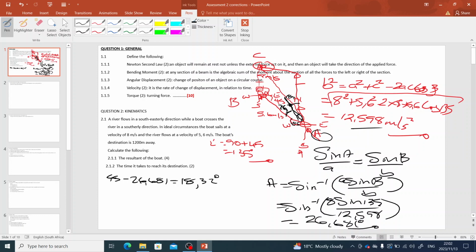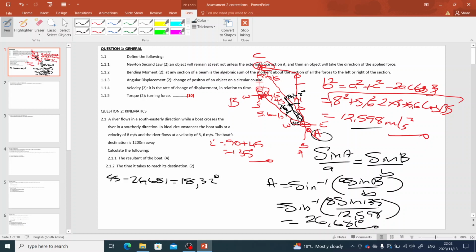Now, the 18.32 degrees is from north to where the resultant is. Then we have to apply the given principle. You always start with the cardinal point closest to the vector first, then the angle of deviation, then the other cardinal point.